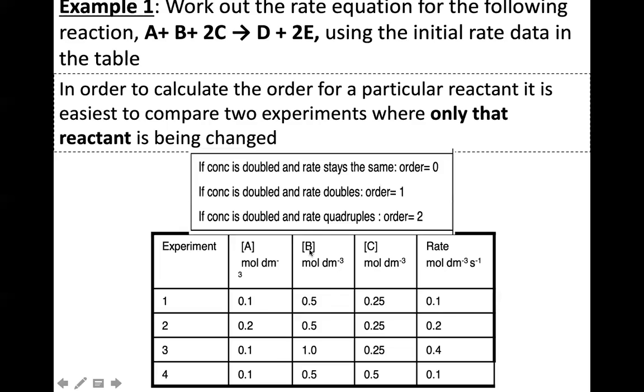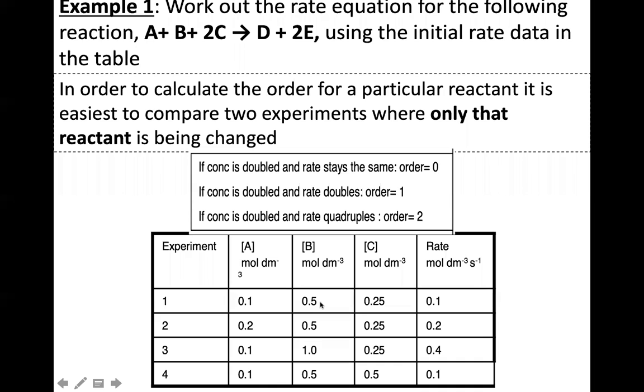For reactant B, you look at experiment 1 and 3, because only B is changing between 1 and 3, while keeping your concentration of A constant, and concentration of C constant as well. For reactant C, you use experiment 1 and 4. If you look at experiment 1 and 4, only the concentration of C is changing, keeping your A and B constant.